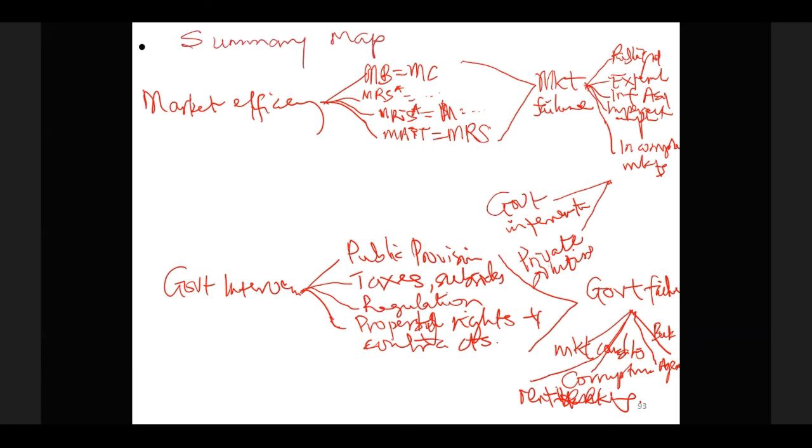So there we have it, and therefore we often say that because of these government failure situations, there is a need always to do a CBA or CEA of government activities, of government interventions.